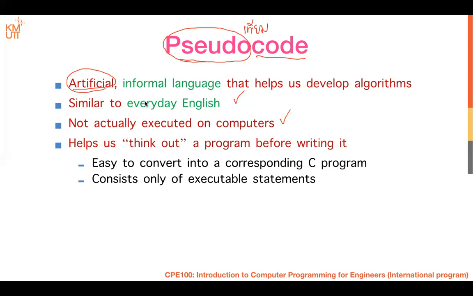Pseudocode helps us think out a program before writing it. So it is easy to convert into a C program. And it consists only of executable statements. This is what we call pseudocode.